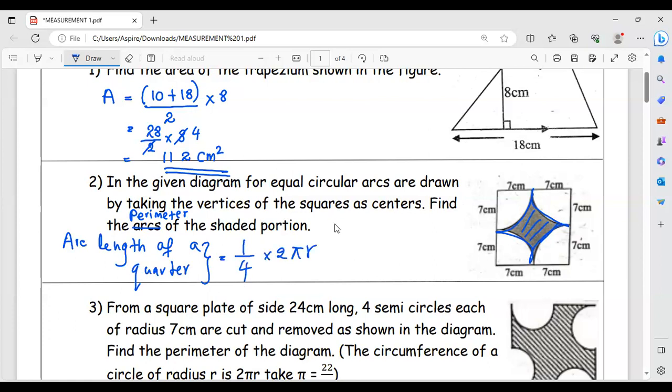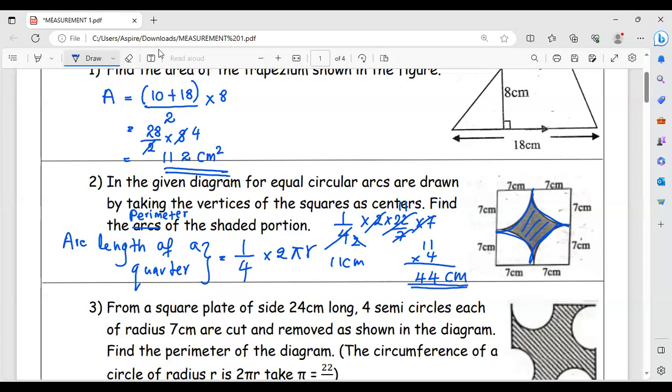Then substitute: 1/4 into 2 into 22/7 into r, which is 7. 7 and 7 cancel. 2 cancelled by 4 is 2. Then 22 divided by 2 is 11. So the arc length is 11 centimeters. There are 4 such arcs. Therefore, 11 multiplied by 4, the answer is 44 centimeters.